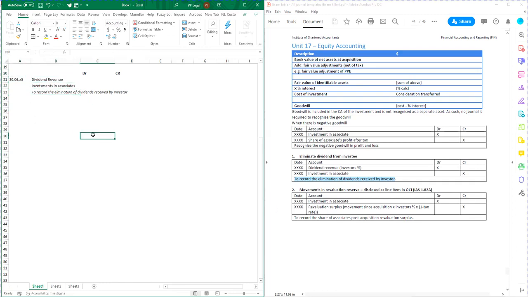The second journal that we need to do is the investment in associate, number 2 down here. So we have investment in associate, then revaluation surplus, retained earnings.